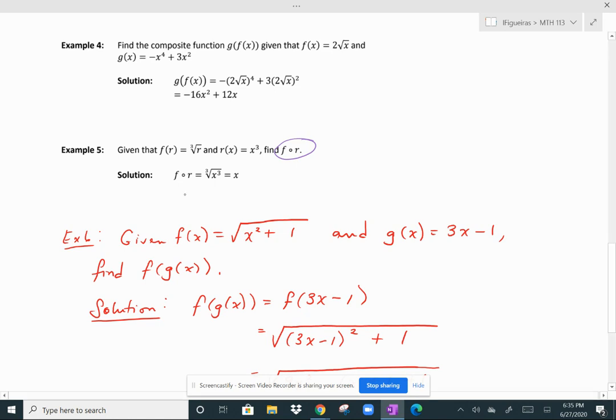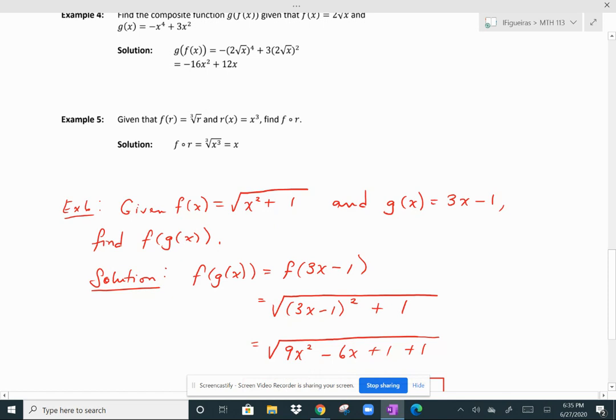So f of r means that you're going to substitute r, which is x cubed, into where the variable is. So this becomes the cube root of x cubed, but this is something you can simplify. The cube root of x cubed is just x. That will mean something important when your final answer, when you evaluate a composite, is x, and that's something that we'll talk about in the next section.